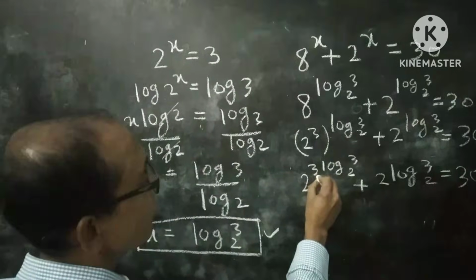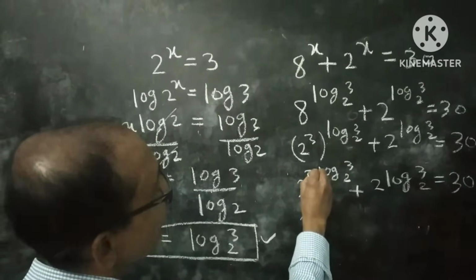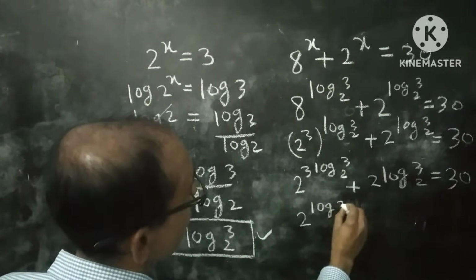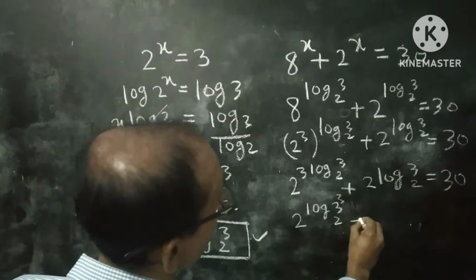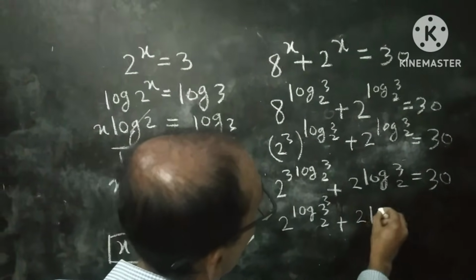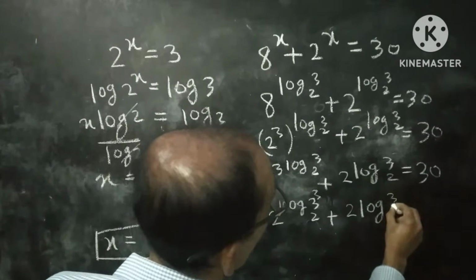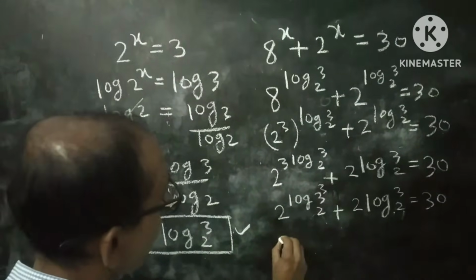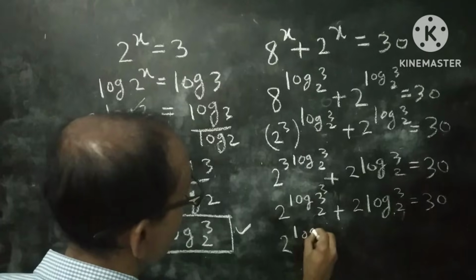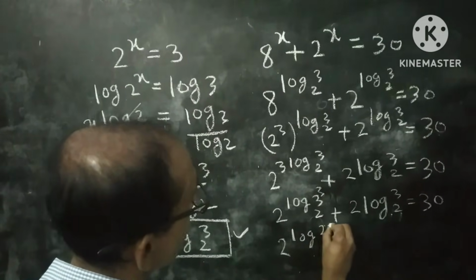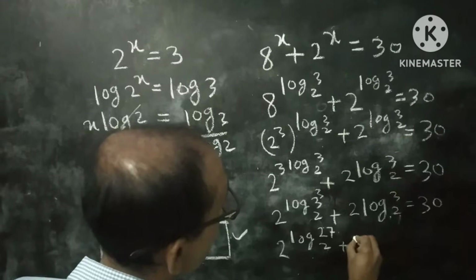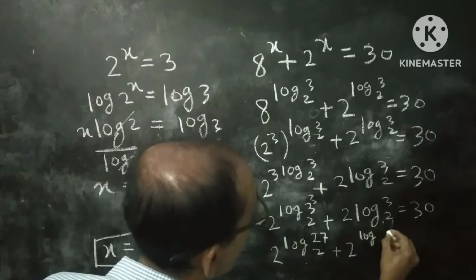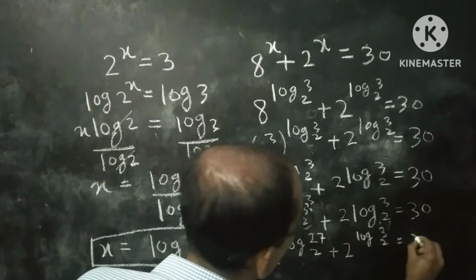Now here we see that 3 comes inside: 2 to the power log 3 to the power 3 of base 2 plus 2 to the power log 3 of base 2 equal to 30, or 2 to the power log 3 to the power 3, means 27, of base 2 plus 2 to the power log 3 of base 2 equal to 30.